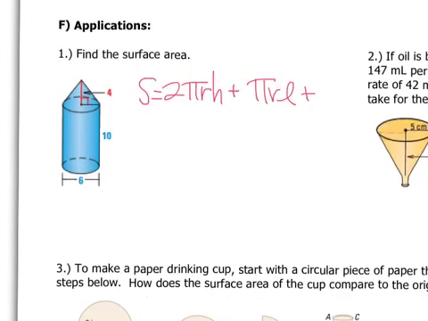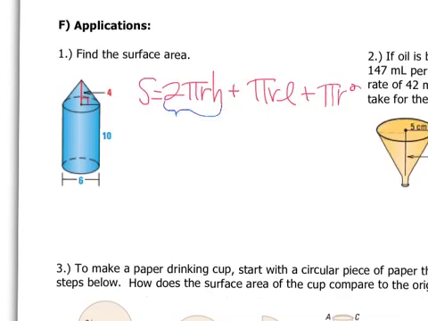This is where the thinking comes in. You have to think about that, okay? So the area of that one circular base, how do we add that part into the formula? Pi r squared. The area of a circle is pi r squared. So let's make a note here what each part of these represents.